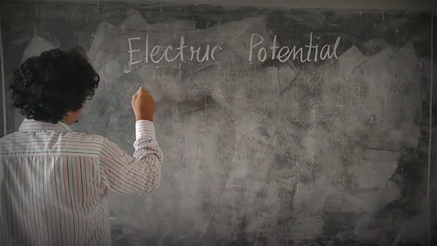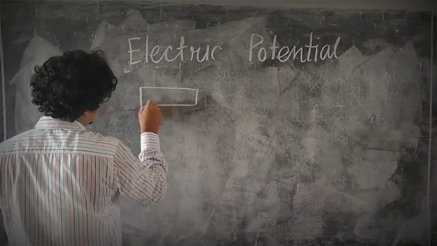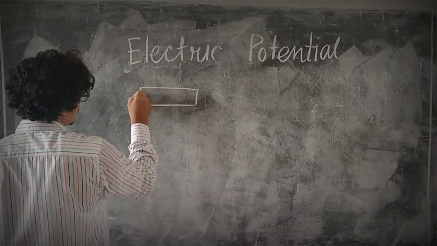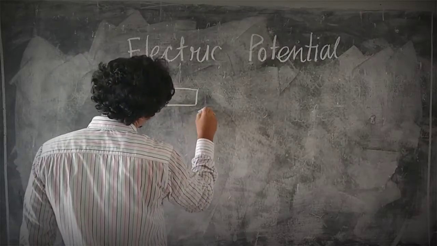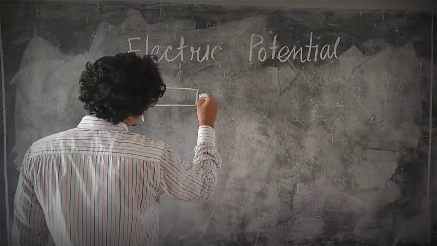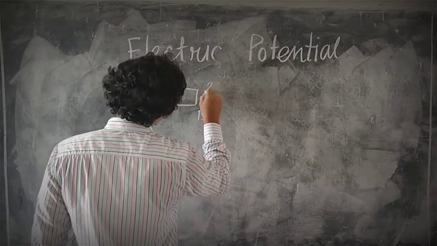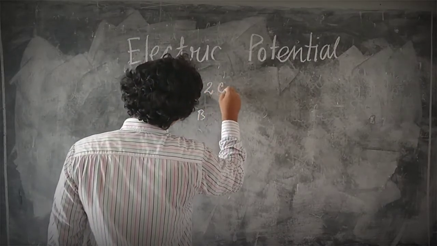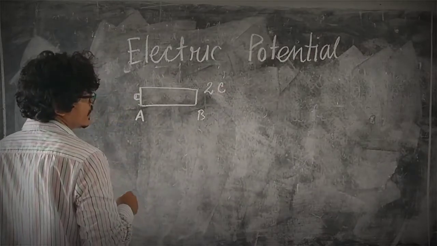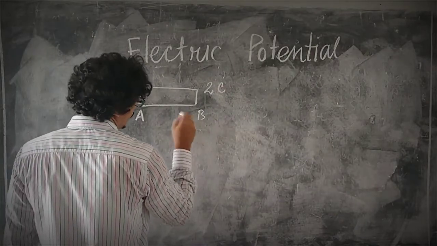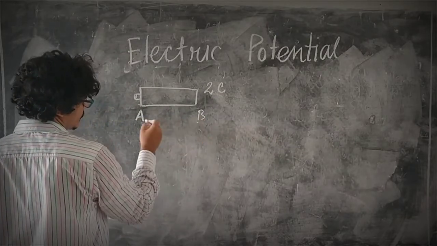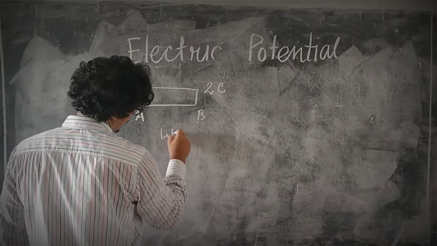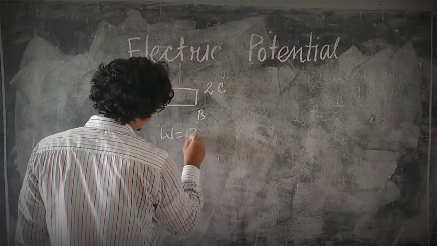Let us say this is a battery. This is for A and B. So let us say here 2 coulomb charge is present, and the work done to bring it from point B to point A is, let us say, 12 joule.